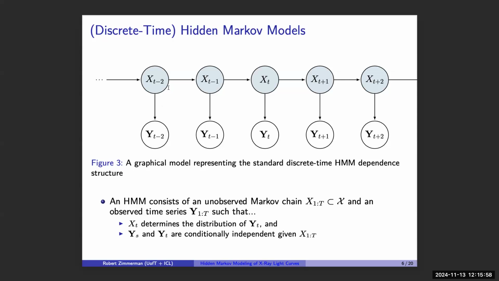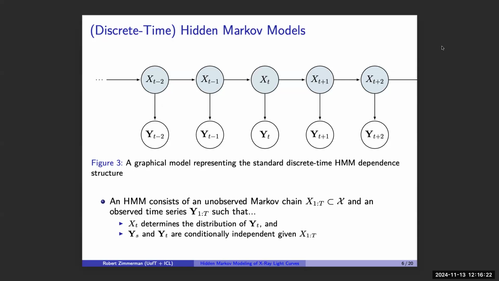It's the underlying Markov chain, which we cannot observe, and each value of the Markov chain induces the distribution of the corresponding observation at that particular time. So at time t, x_t is generated, so to speak, and that induces the distribution of y_t.